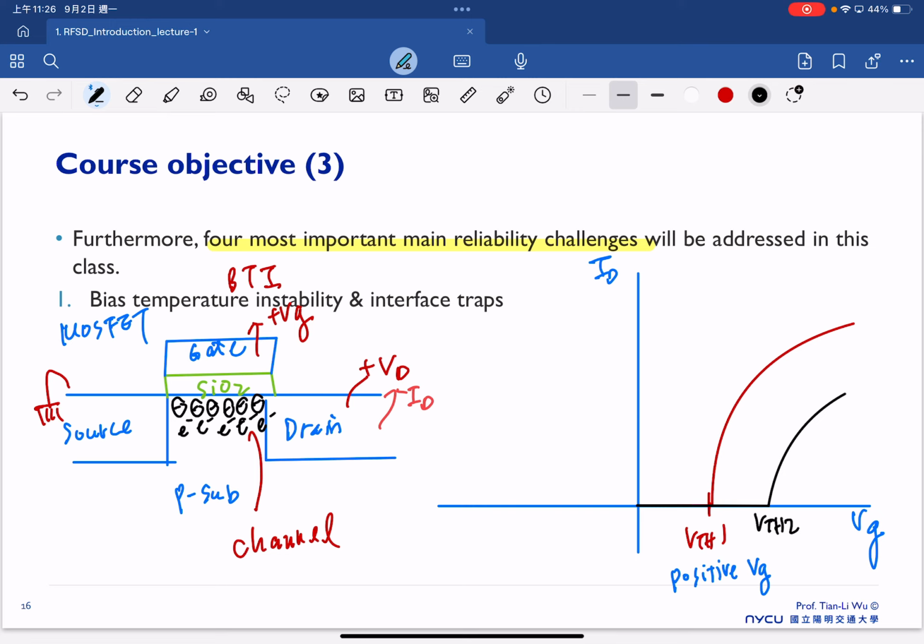The difference between this and this, we call the delta VTH, and sometimes we also call this hysteresis. This delta VTH is correlated with, first, the bias, and second, the temperature. That's why we call this bias temperature instability.